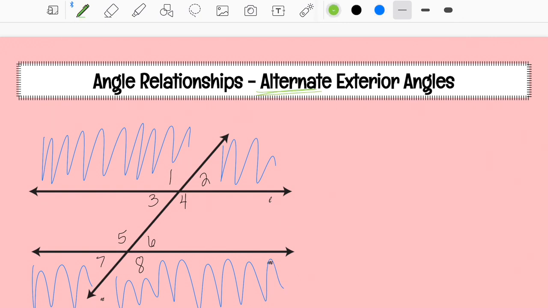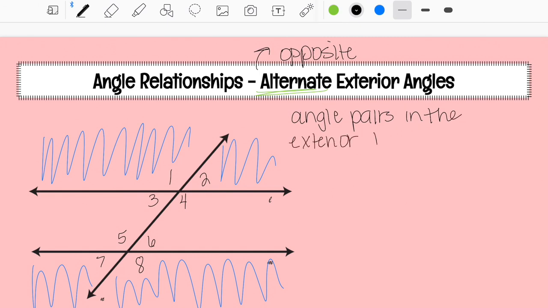And just like last time, alternate meant opposite. So these are angle pairs in the exterior, on the outside, that are on opposite sides of the transversal.